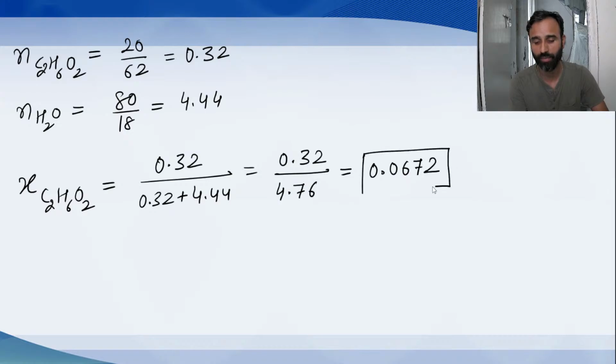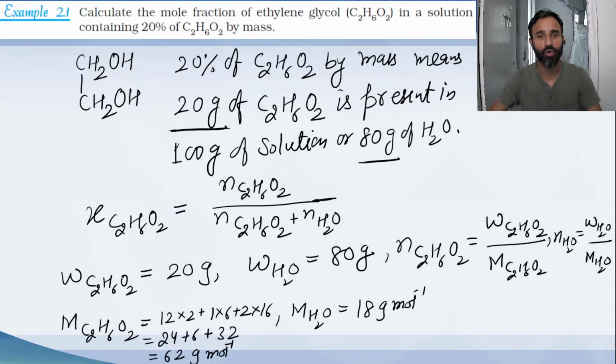So this is the mole fraction of ethylene glycol that we have to calculate. Question is, calculate the mole fraction of ethylene glycol. So mole fraction of ethylene glycol comes out to be 0.0672.